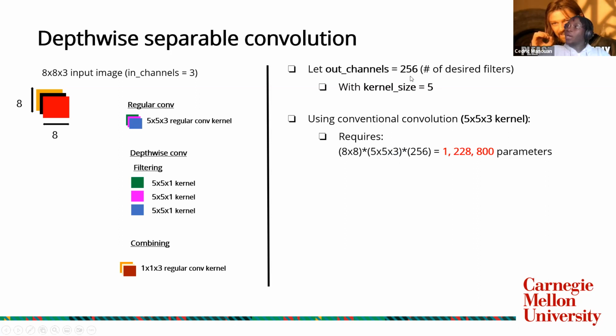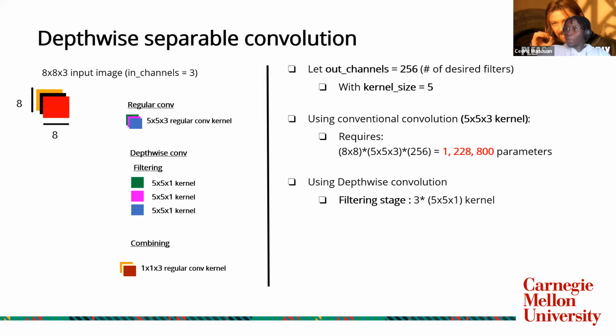And since you want to have 256 such filters, you need to perform this multiplication across all the dimensions, and it will end up having this total number of parameters for you to perform your convolution.